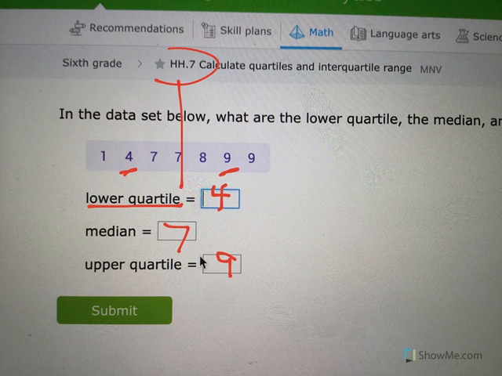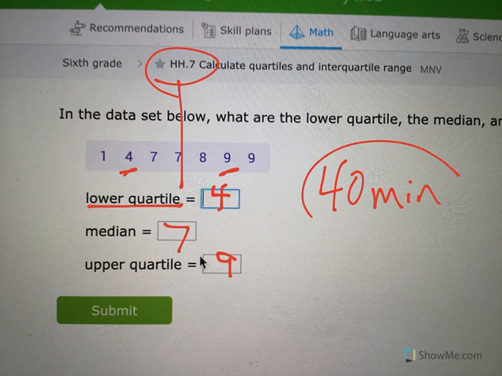Today I want you to do HH7 in IXL. I'm looking for 40 minutes in IXL. Some of you might be able to get up to 100 on this, and I would love to see that. If you are at 100 and you really get this and don't need to practice anymore, I'm going to challenge you. Remember, you don't have to write any of this down, because in IXL I can see exactly how much time you take.